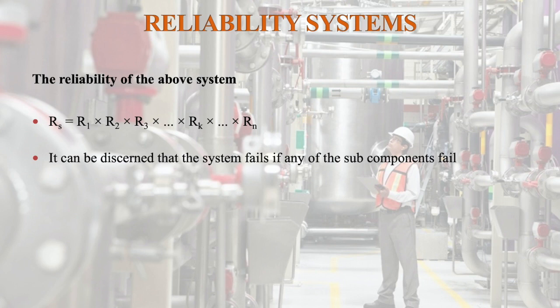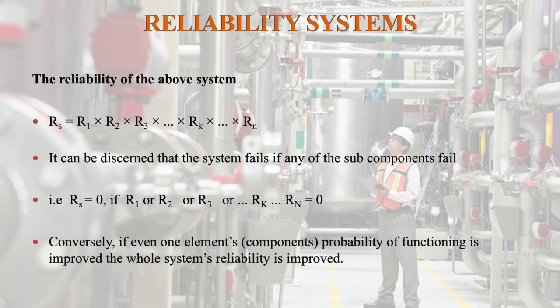So it can be discerned that the system fails if any of the subcomponents fail, that is Rs is equal to 0 if any of R1 or R2 or R3 or Rk or Rn is equal to 0, then total system reliability will be 0. Conversely, if even one element's or component's probability of functioning is improved, the whole system's reliability is improved.